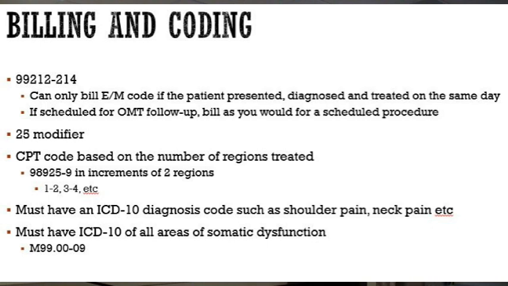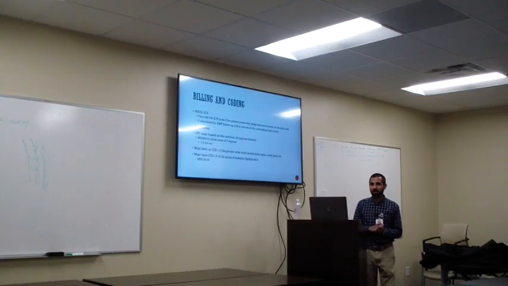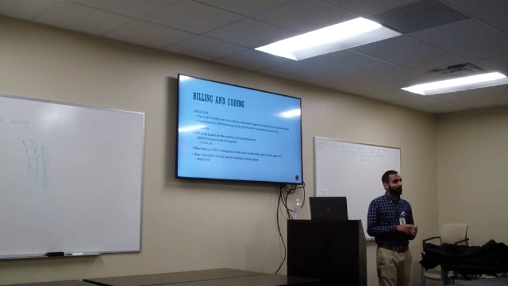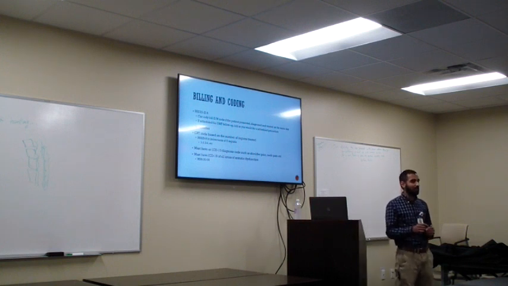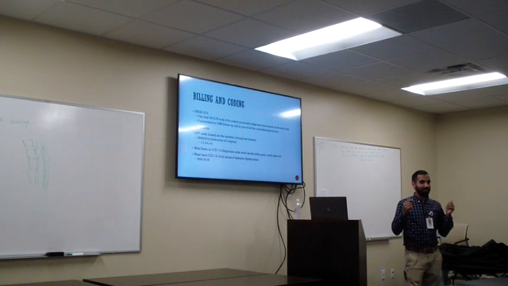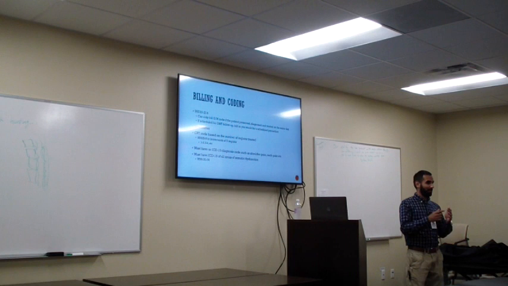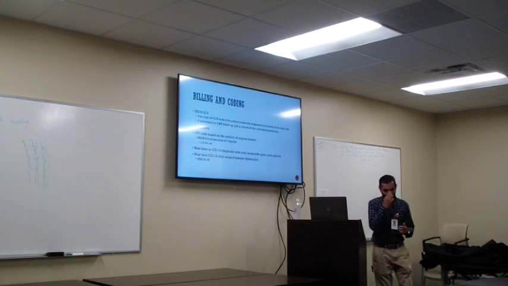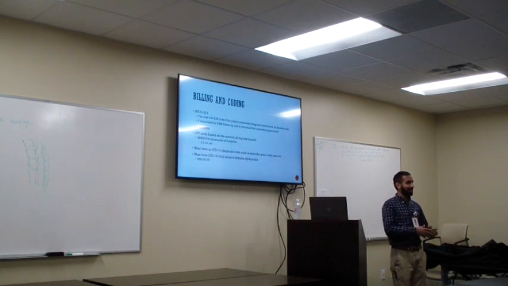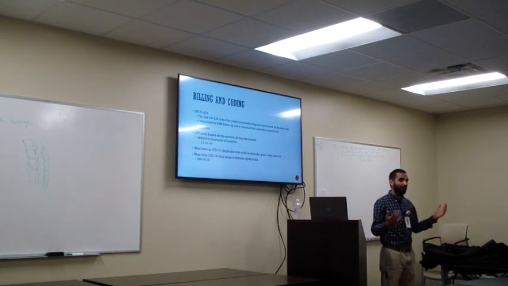For example, a person comes in, they haven't had neck pain in a long time, they have neck pain, you say, oh, we can manipulate this, and you manipulate it. Then you've evaluated the problem, you've managed the problem, and you did a procedure on that problem, because OMT is considered to be a procedure. In that case, you would apply a 25 modifier to your E&M code and apply the proper CPT codes.